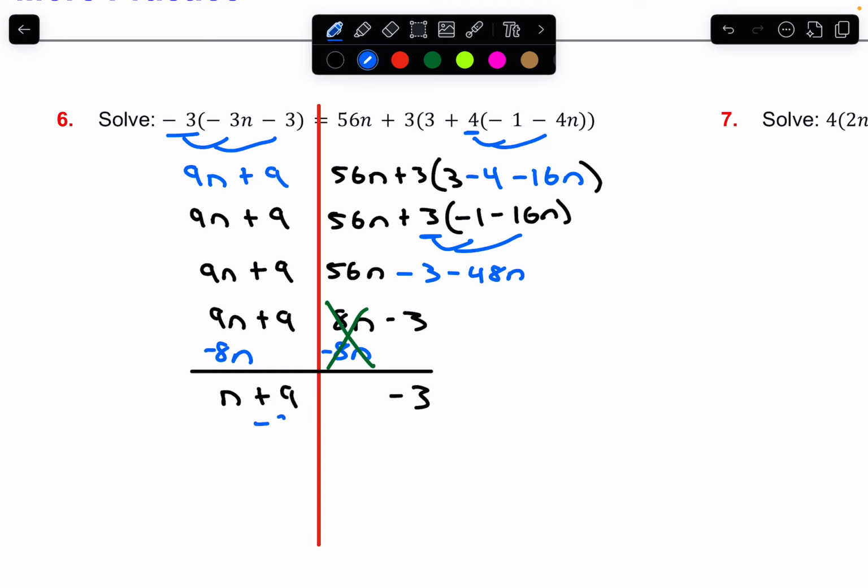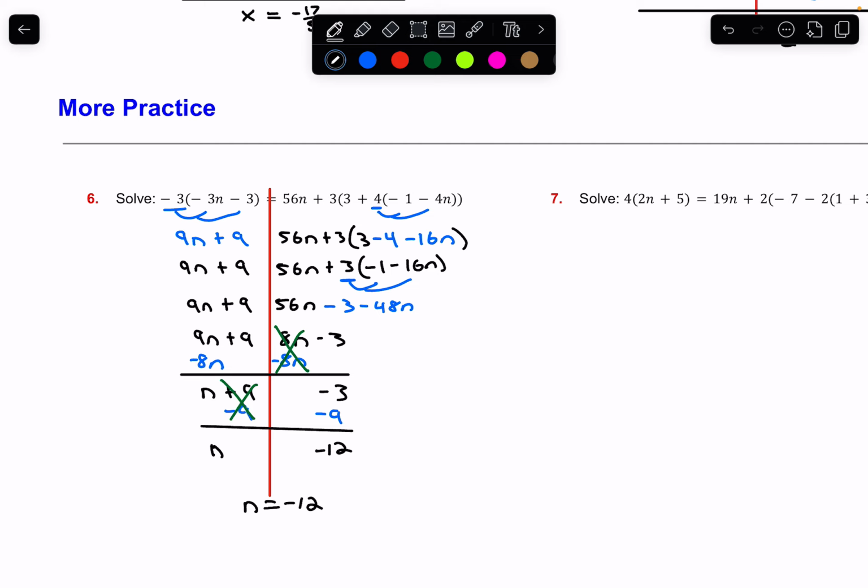I'm going to then subtract 9 from both sides. So now on the left side, those 9's cancel, and all I'm left with is n is equal to negative 12. And then at the bottom, I like to just rewrite it, n equals negative 12, just so that way it's separate from all that work I just did.